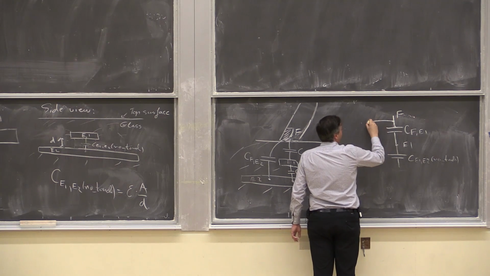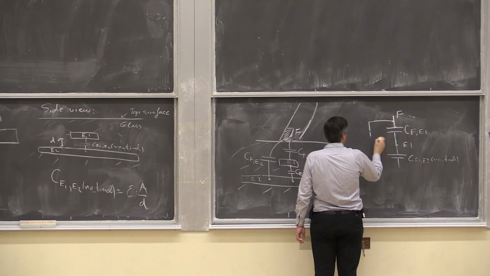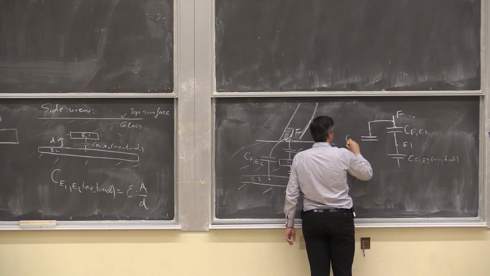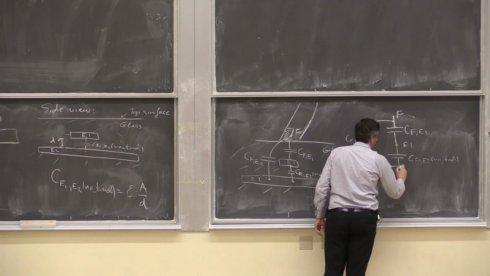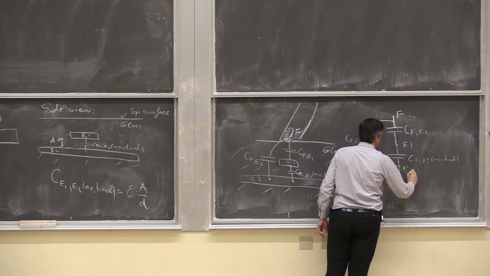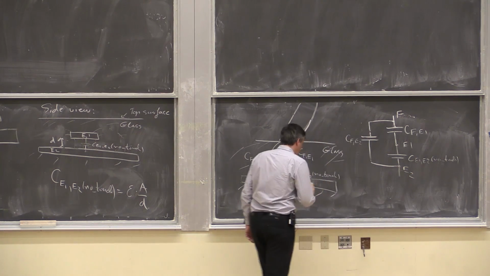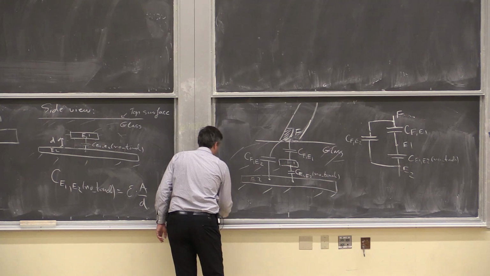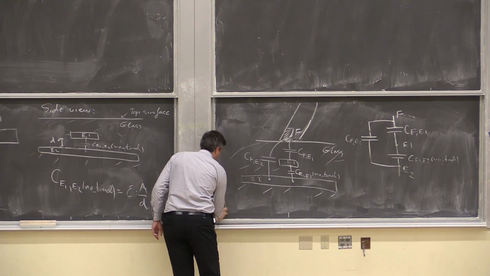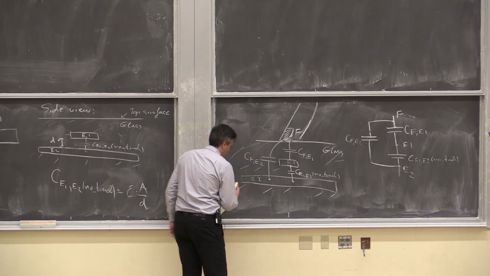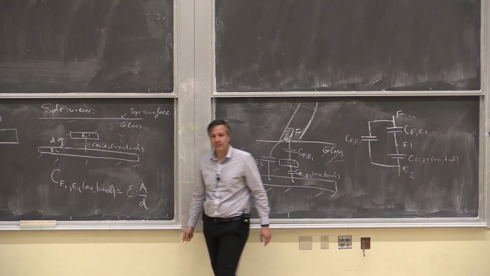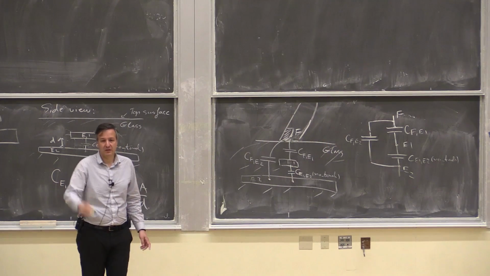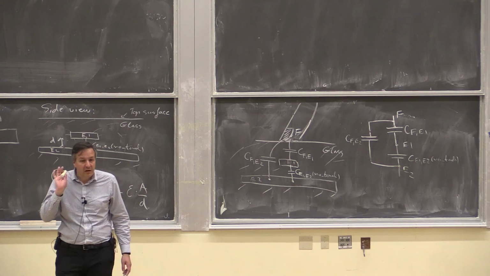And from this finger, we have another capacitor, which is CFE2. And then this node is E2. Does this make sense?